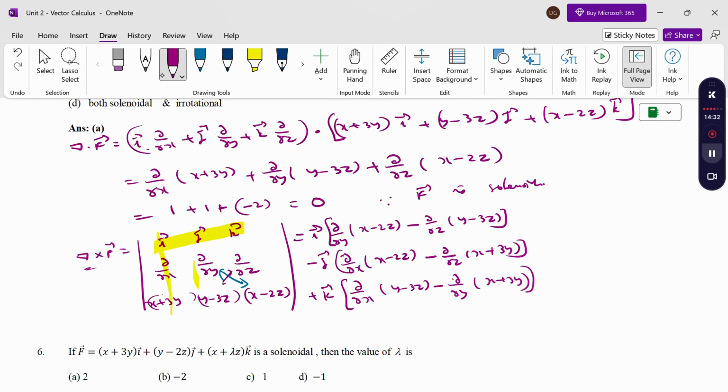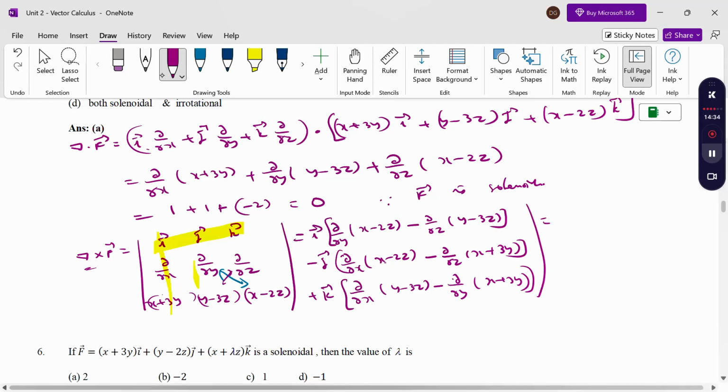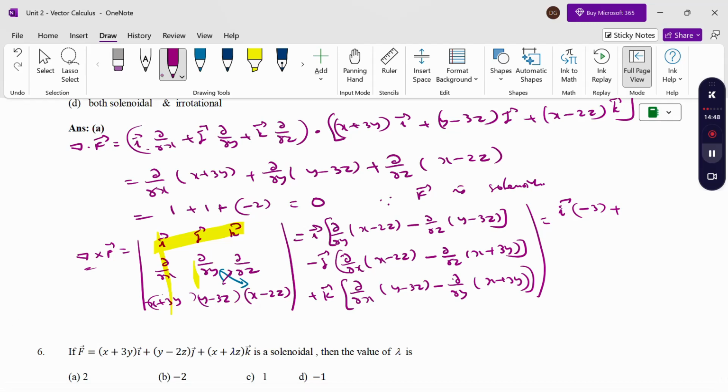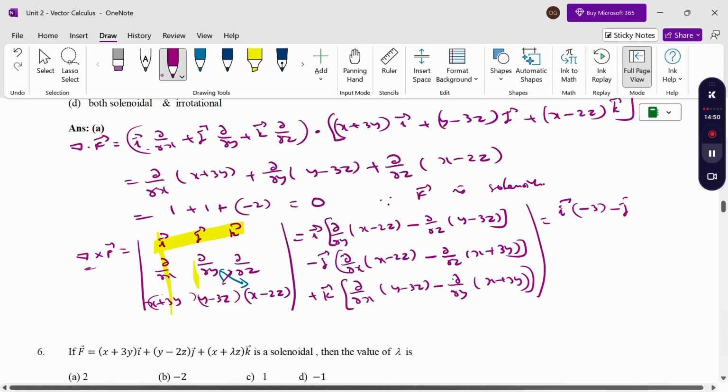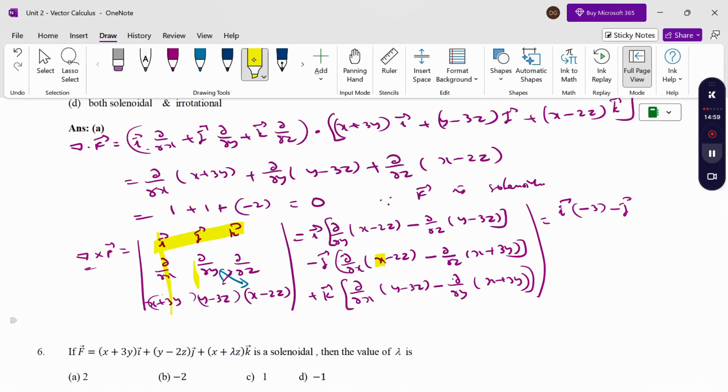Now when I differentiate this term, so i vector, ∂/∂x means 0, here z gives minus 3, plus j vector, x term 1, so minus j vector. Then when differentiating x, this is 1 and here 0, therefore 1.